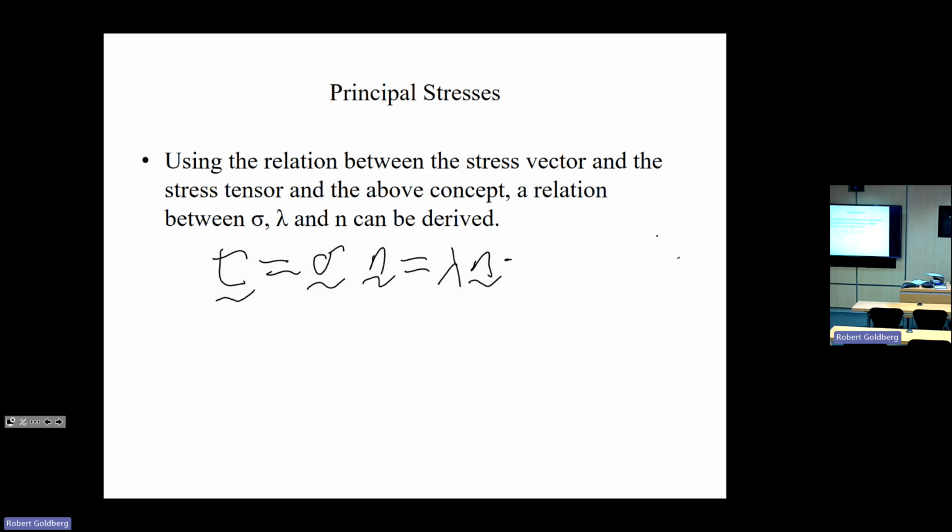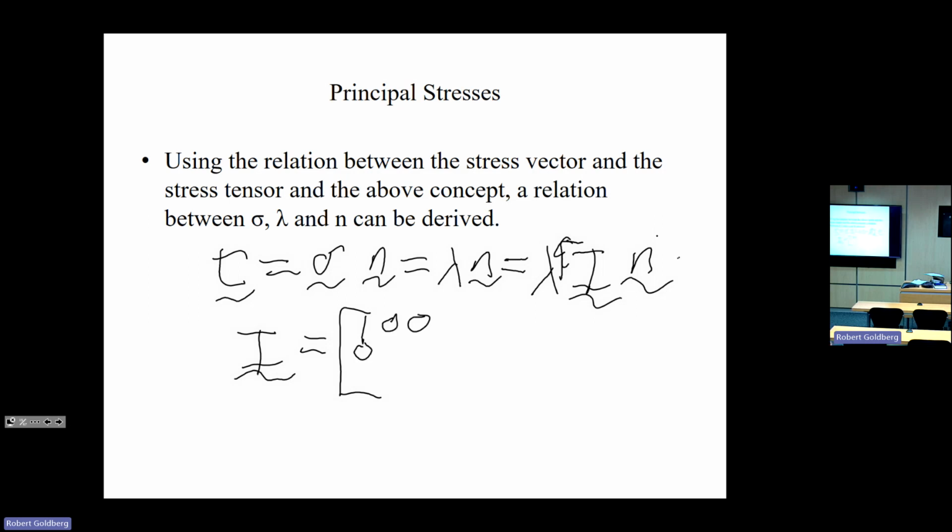Something we'll do just to make the math work better is we'll take this lambda and multiply it by the identity matrix, which I'll define in a second, multiplied by the normal vector. The identity matrix is just a convenience in linear algebra. It's basically how we define one in linear algebra. It just has one on the diagonals and zero in the off-diagonal terms.